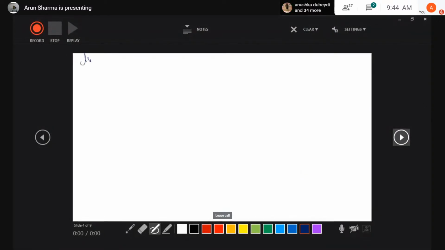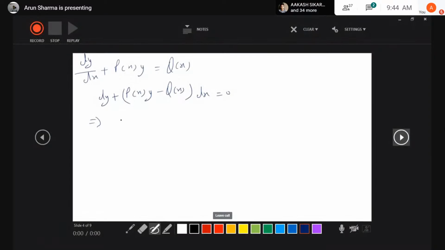So basically, what is the equation? dy by dx plus P(x) times y equals Q(x), and this is dy plus P(x) times y minus Q(x), dx equals 0.